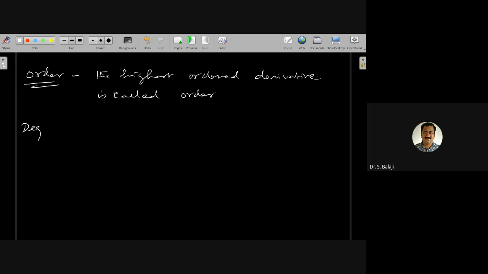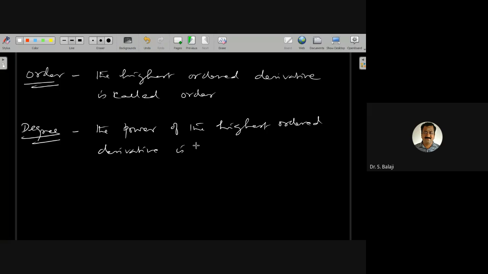Similarly, you have another one, degree. Degree of the partial differential equation: the power of the highest ordered derivative is called the degree of the partial differential equation.